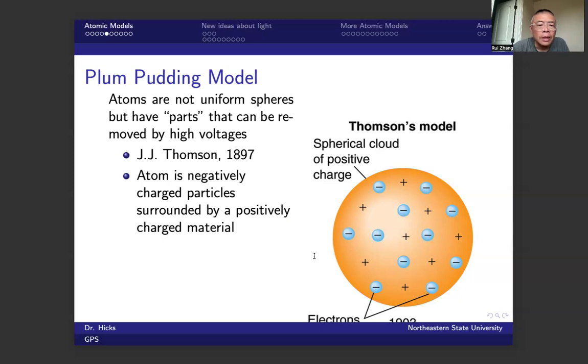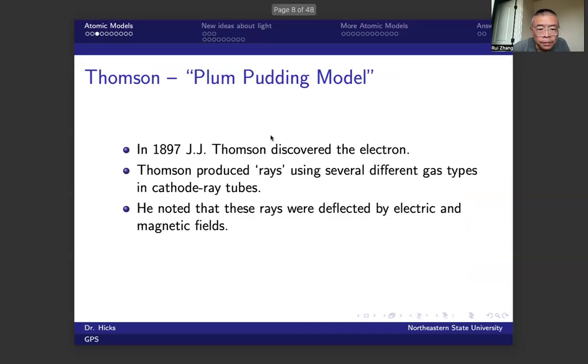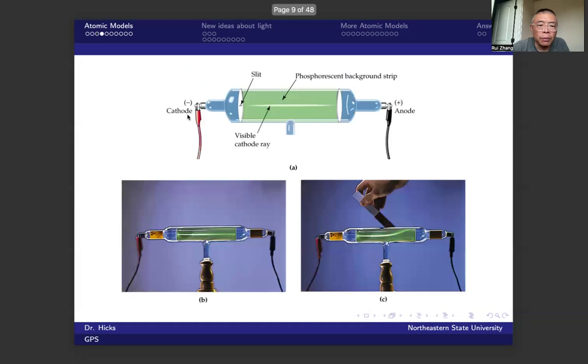So how did he discover this? This is the experiment he did. He produced rays using several different gas types in cathode ray tubes. Essentially, if you apply a big electric field, you can produce a ray from this tube that has some gas in it.